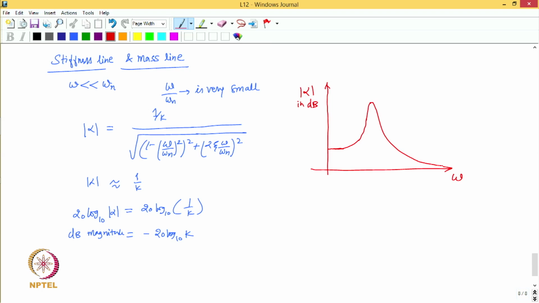Now if I show the line we got, this line is a horizontal line which is parallel to the frequency axis, and it makes an intersection on the y axis at minus 20 log 10 k, and this line is called the stiffness line.